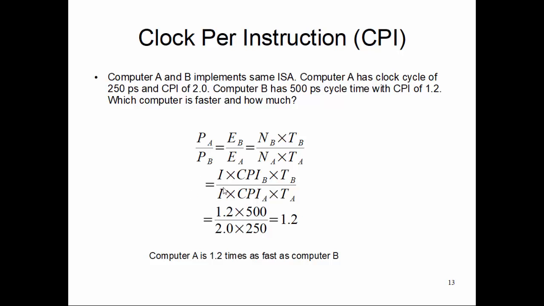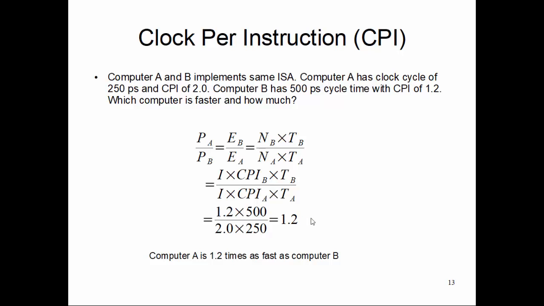Then we can just cancel out I, and CPI B we know, CPI A we know, TB and TA both are known. We are just replacing those variables with the real values, and we see we have a performance improvement of 1.2.